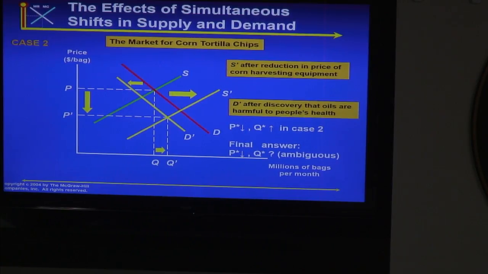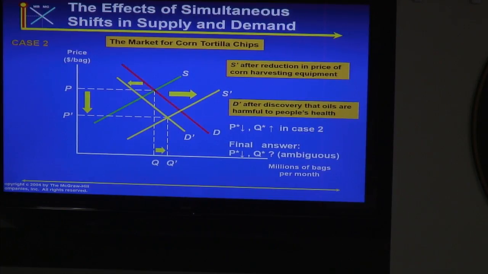Same one, we got D and S for corn tortilla chips, point A. The only thing different now is the magnitude of the shift in the demand and supply curves. They are now reversed, meaning that the farmers actually react more to the supply side reduction in price, so they produce a lot more corn tortilla chips.